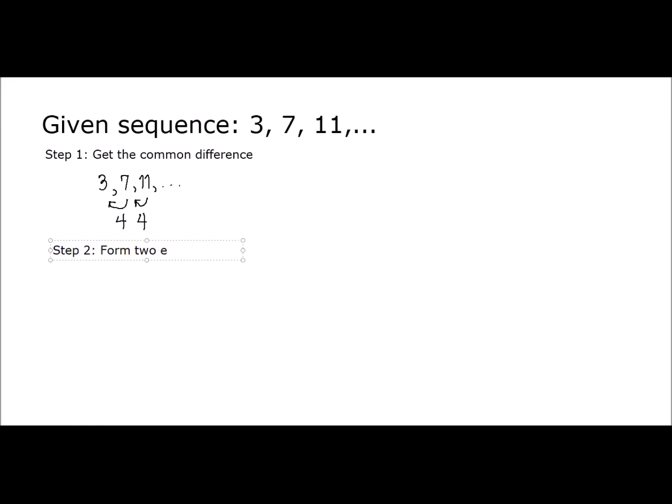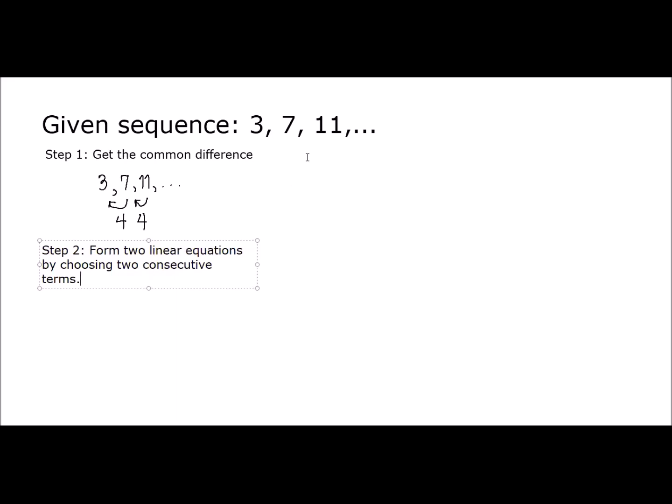Particularly, we need to form 2 linear equations by choosing 2 consecutive terms. So I suggest you always choose the first 2 terms because that is quite smaller for that specific example. But it's always your choice. And we will end up the same result.